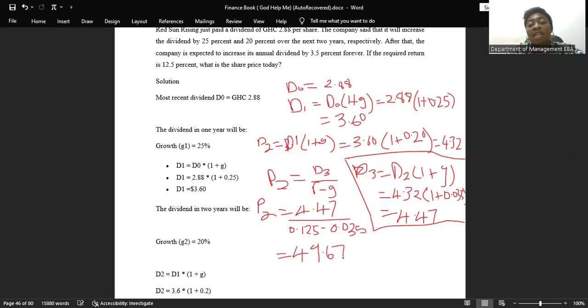Now after that we should discount all the dividends required for the supernormal growth period and the price.